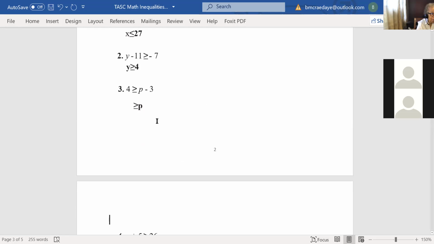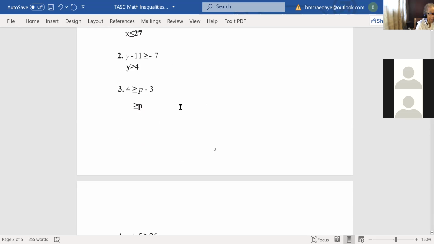What is P? P is equal to minus 3. No, this is a minus, so you're going to add the 3 to both sides. So what do I get on the left side?